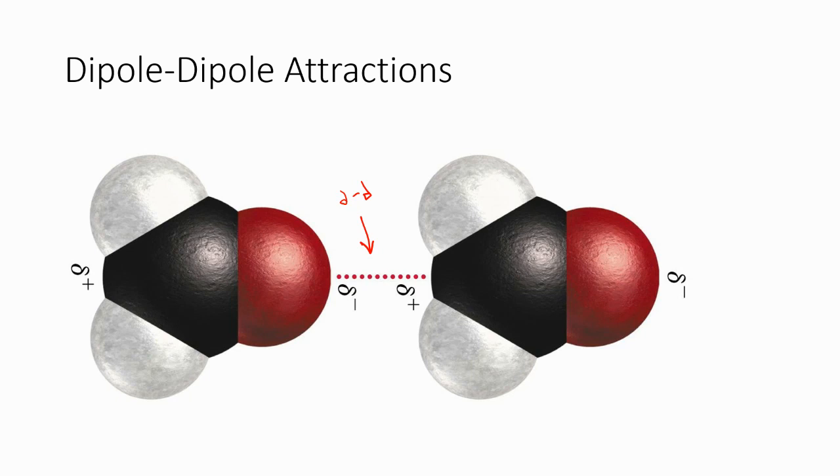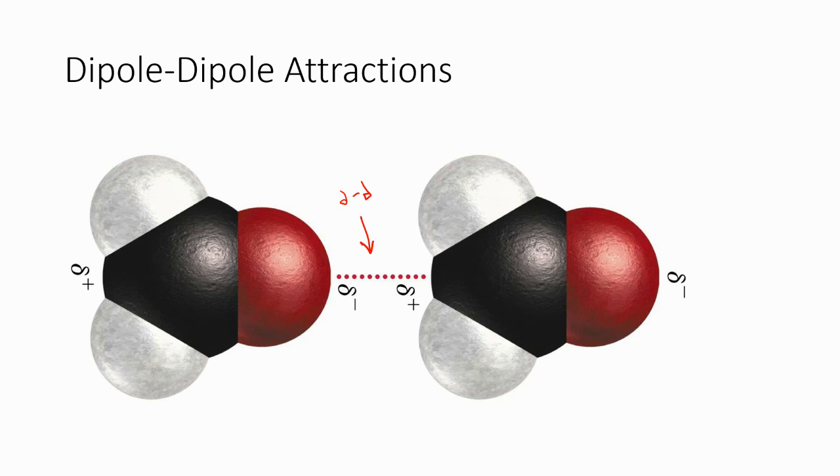The other thing I want to address before moving on is that in this particular diagram, I'm only showing two molecules just so we can look at the details. But I think it's important to remember that in a sample of any substance, you would be talking about trillions and trillions upon trillions of molecules.